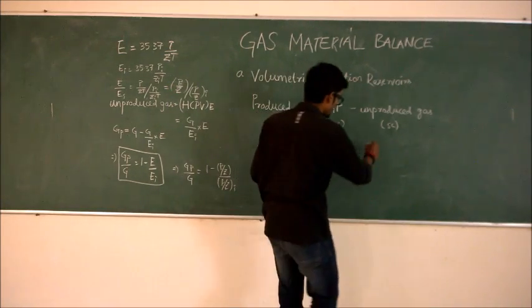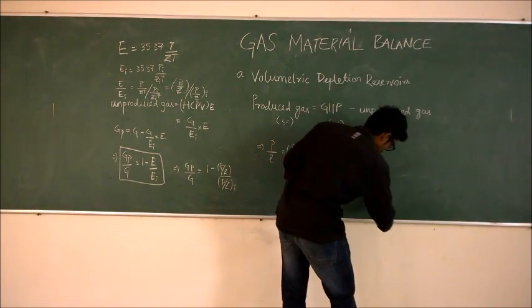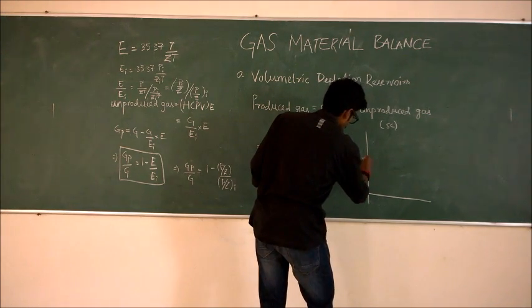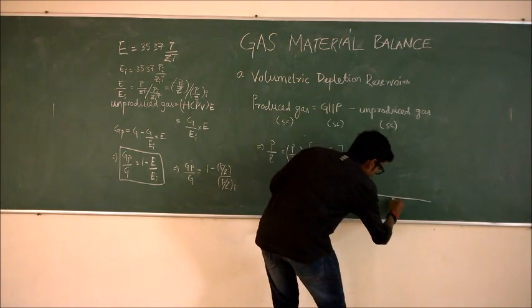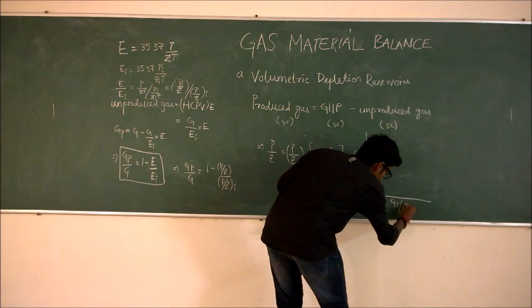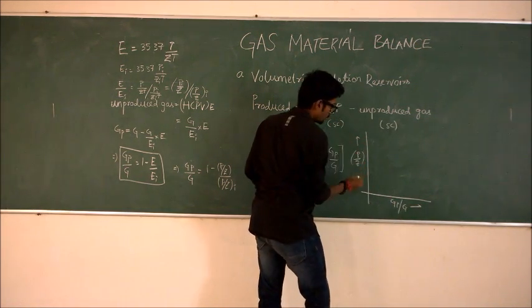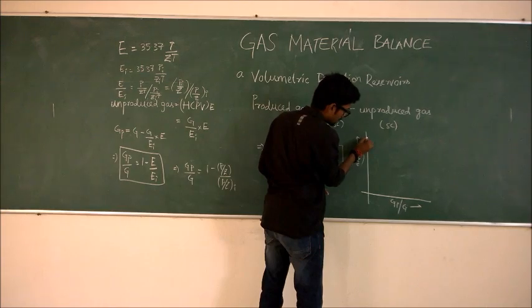So if we draw a graph for P by Z versus Gp by G, we get this straight line.